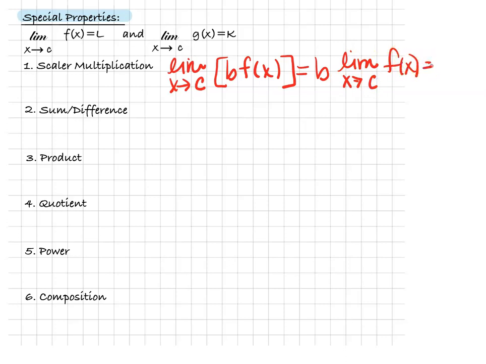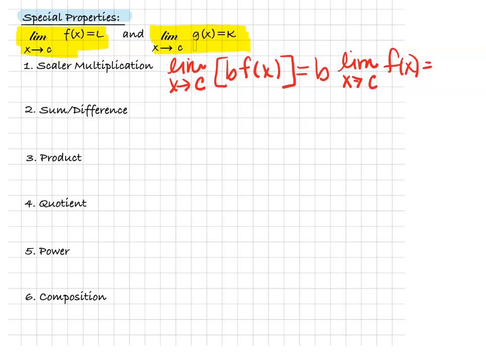And for these properties, what I've done here is just identify a limit of f of x equal to L, and a limit of g of x equal to k, just being two generic functions having limits L and k, so that as we work through these properties, we can pull things out, put things together, and then you can see how the limits work on the other side as well.